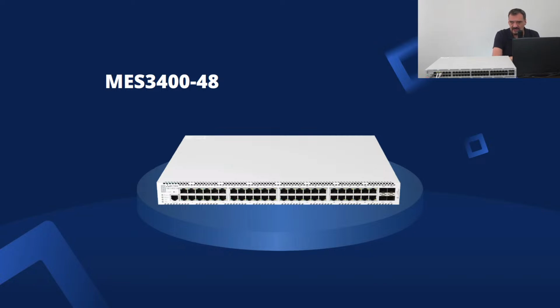It doesn't have anything like that. So, of course, it can be used for the access layer, but mainly it is for the aggregation layer, for connecting low-level access switches, especially access switches with the main body of ports around 1 gigabit or 100 megabit per second, and 1 gigabit uplinks.